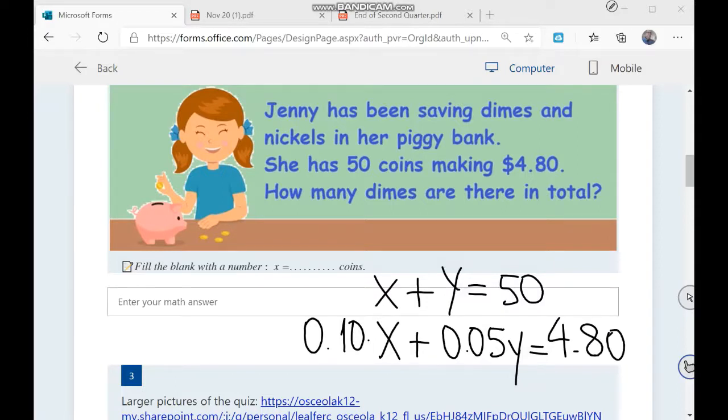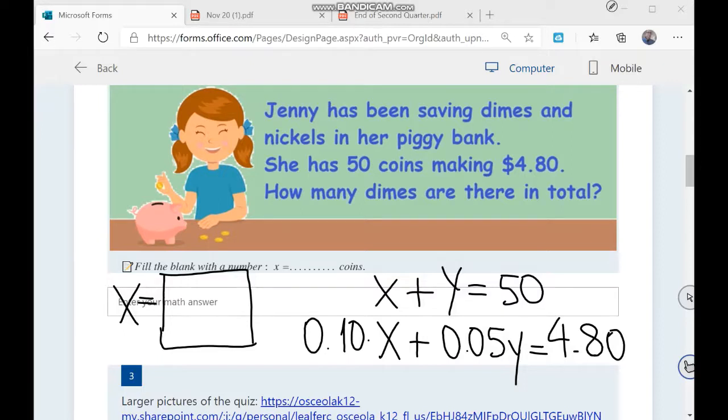You have to solve this system of equations for x, and the answer is going to be the solution for x. You can do the same thing that we have done on the quiz, on the last question.